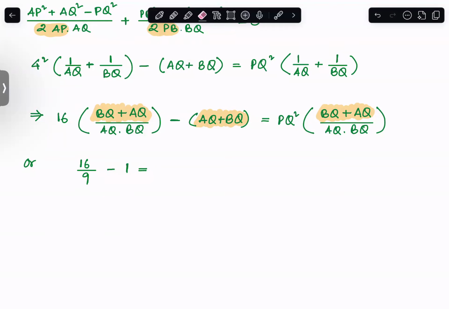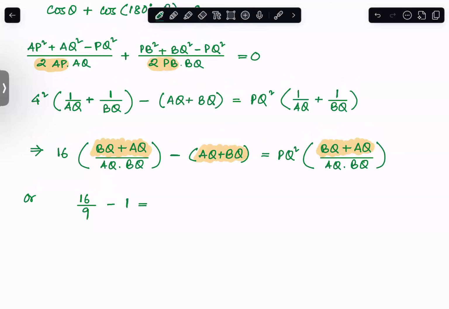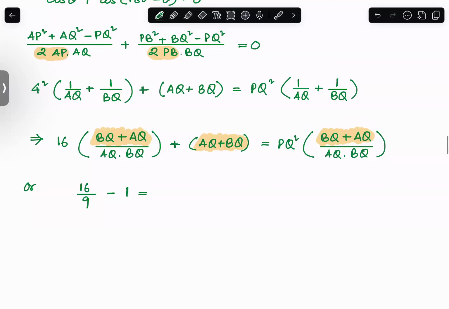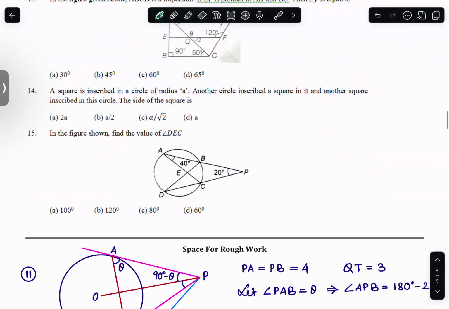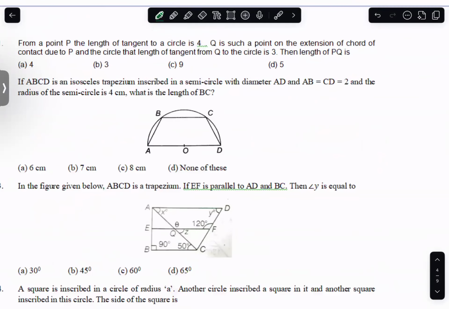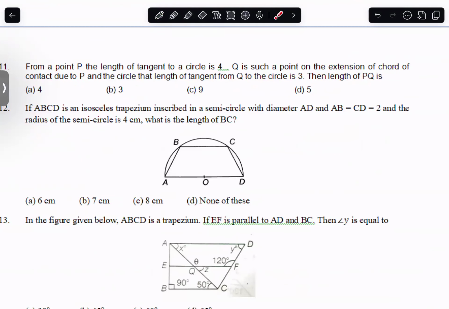Is it okay? Sir, could you explain why you have written AQ into BQ is 9? Yes. You have been given with length of tangent from point Q is 3 unit, right?